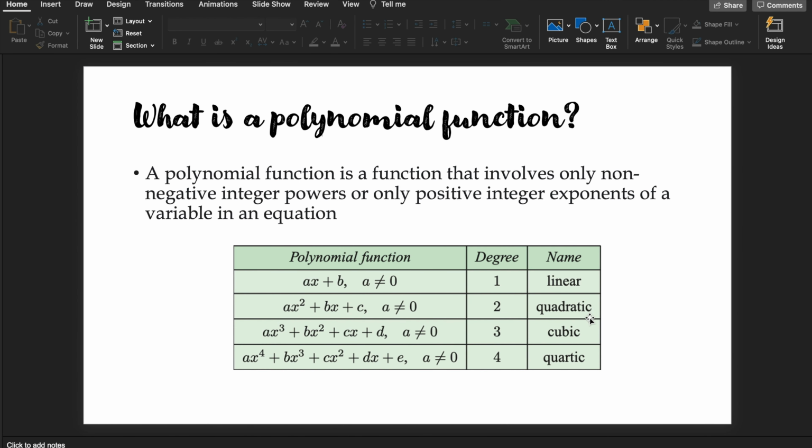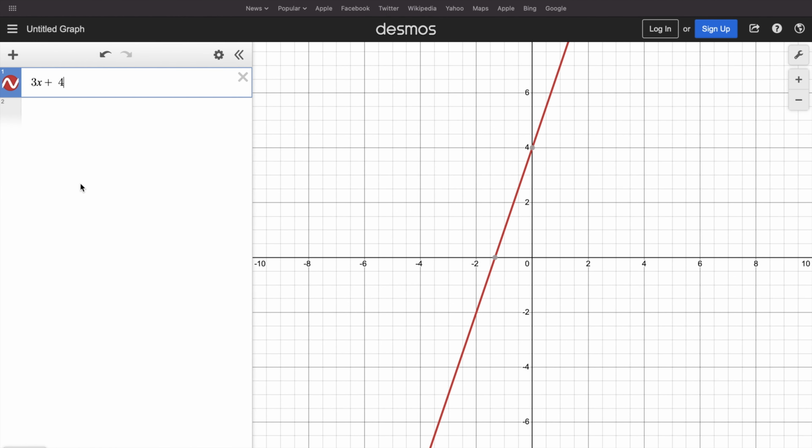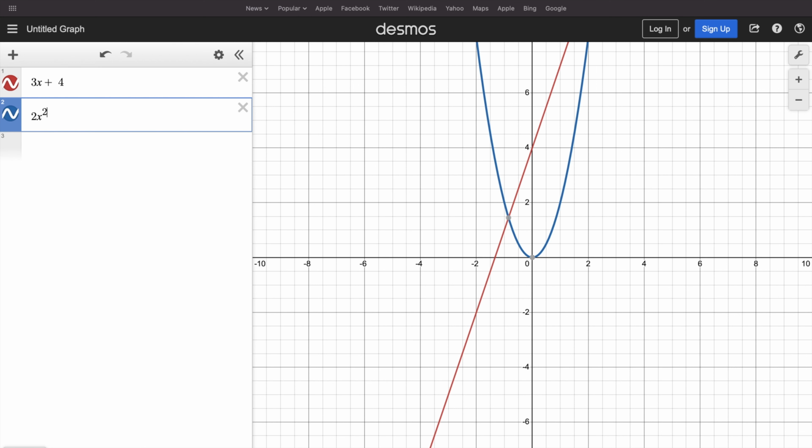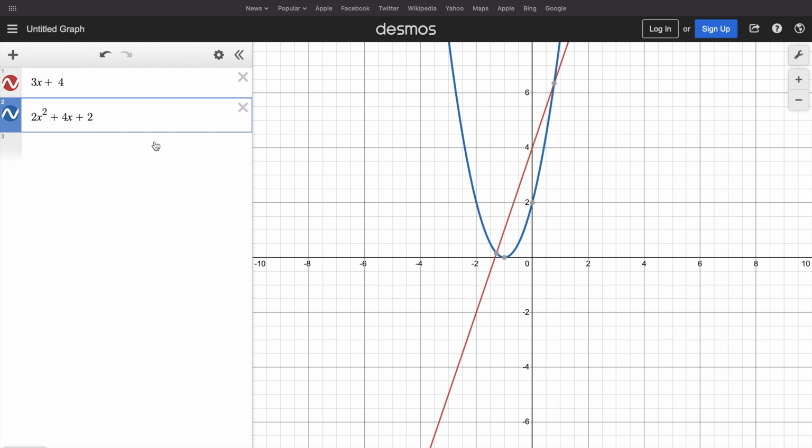So the next type is a quadratic function. We've learned in the previous chapter what a quadratic equation or function is. So here it's anything in the form of ax squared plus bx plus c. So let us graph this also. Let's take 2x squared plus 4x plus 2.